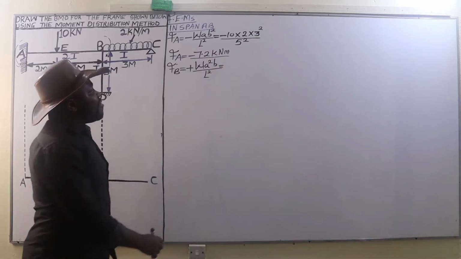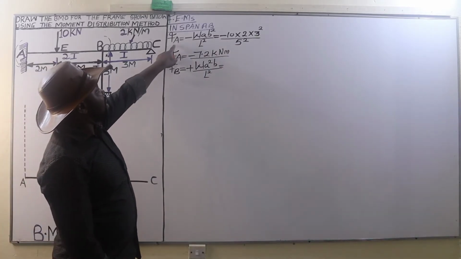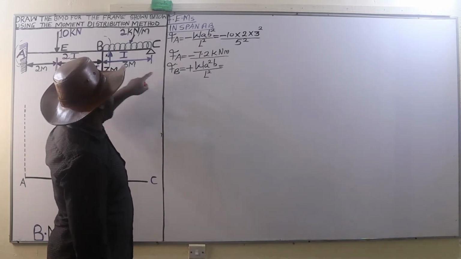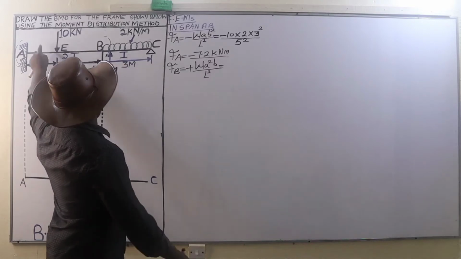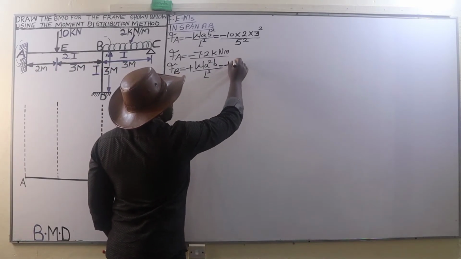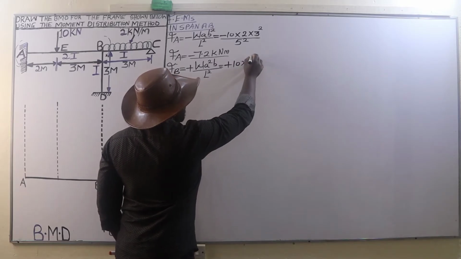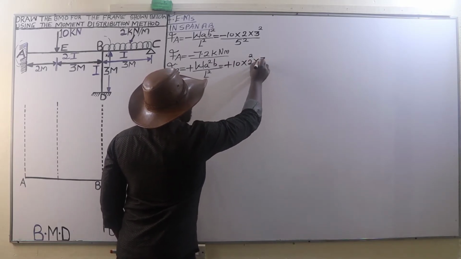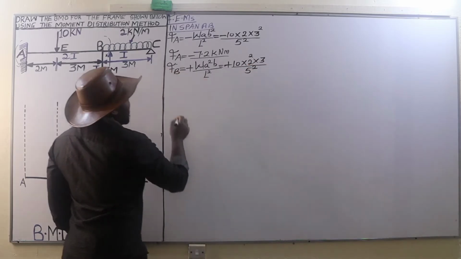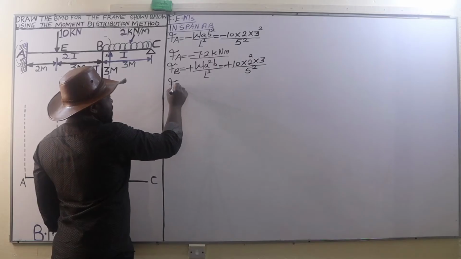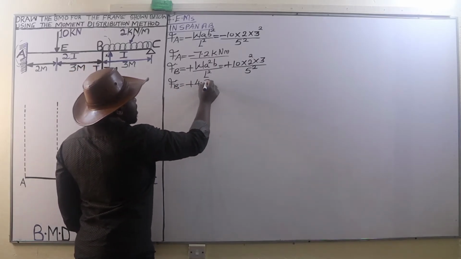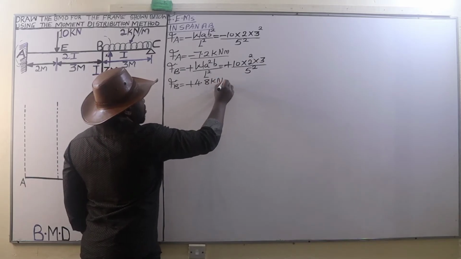So remember always, when we are determining the fixed end moment at A, we are squaring B. When we are determining the fixed end moment at B, we are squaring A. Always get that difference. So that will be given by positive 10 multiplied by 2 squared multiplied by 3, divide this by 5 squared. And this is going to give us a fixed end moment at B of positive 4.8 kilonewton meters.